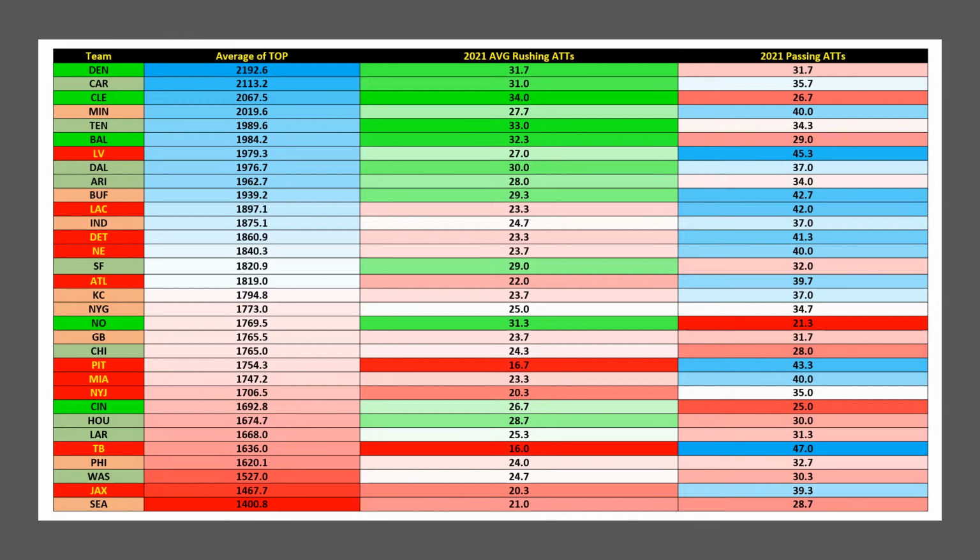I hope you see that there is a very interesting trend line here coming up. Look at that. So it turns out that dominating offense, time of possession, is probably linked to rushing.